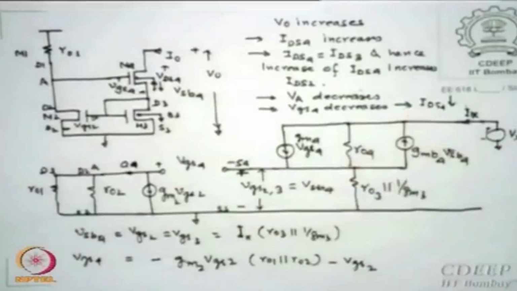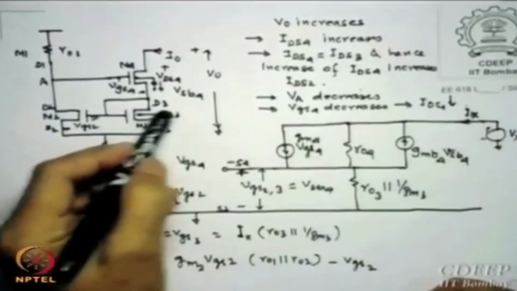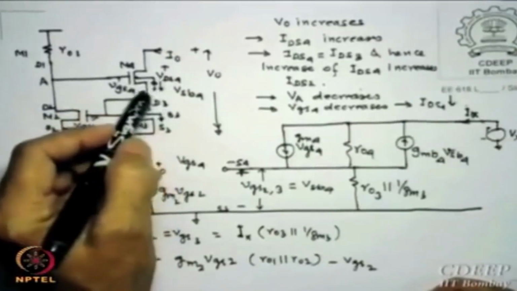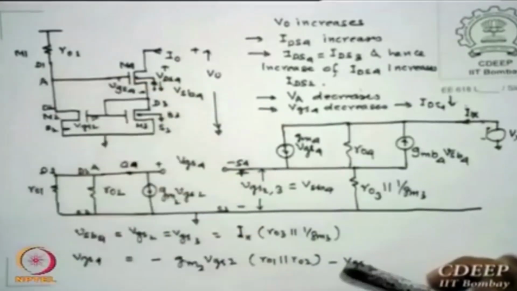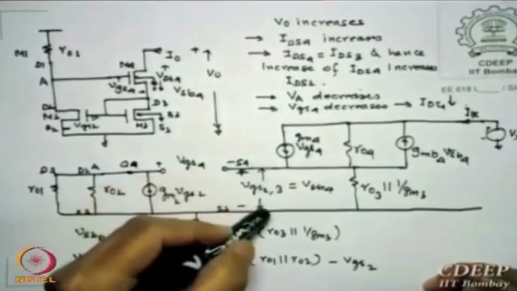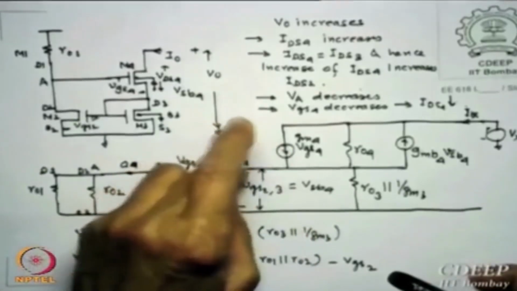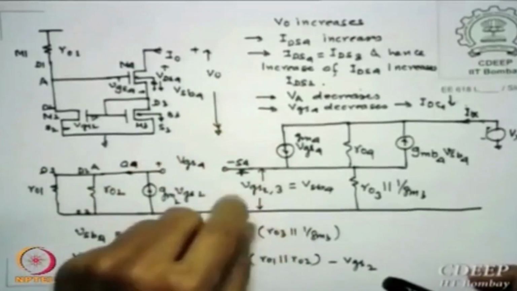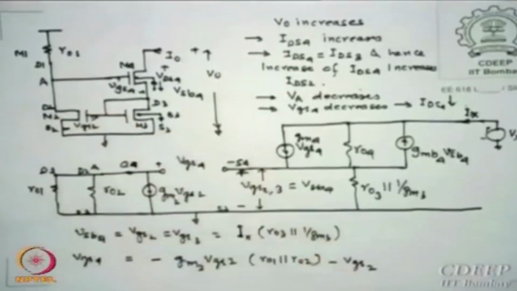Just wait for this. Someone was just now asking, if the source bulk is grounded, between source and this there is a voltage now VSB, is that correct? However, the way I can see, VSB4 is nothing but, the signs I am putting plus minus for a source, which is essentially equal to VGS2 and VGS3.